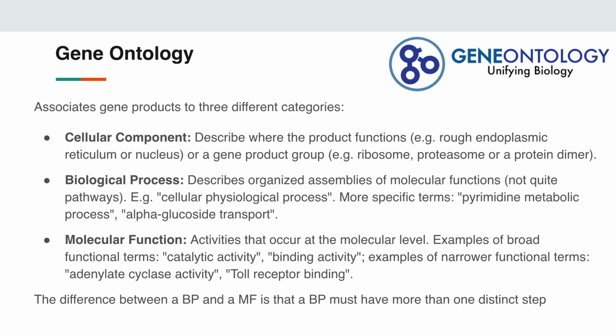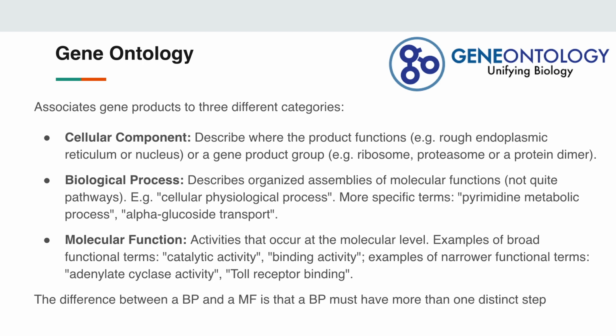The second category for GO terms is biological process, and this one describes organized assemblies of molecular functions. So these are not quite pathways. For example, they can be very broad, such as cellular physiological process, or they can be very specific and include only genes related to alpha glucoside transport.